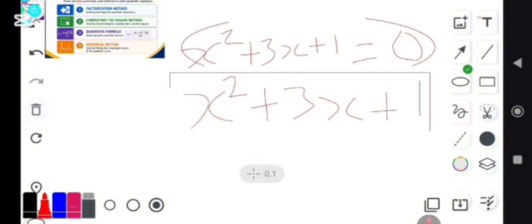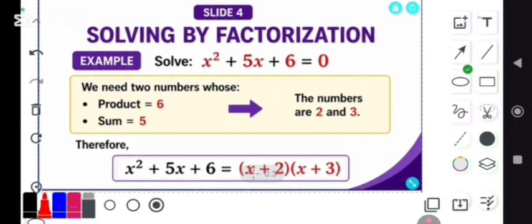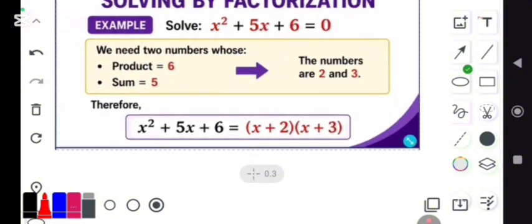Okay, let's take some examples. So look at this. Solving by factorization. You have for example 1. Solve x squared plus 5x plus 6 equal to 0. How do you do this? Now look at the explanations that accompany this. We need two numbers.